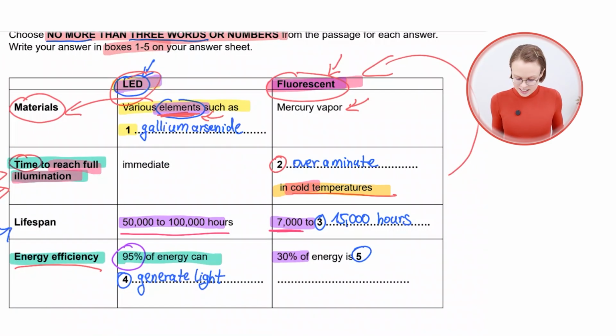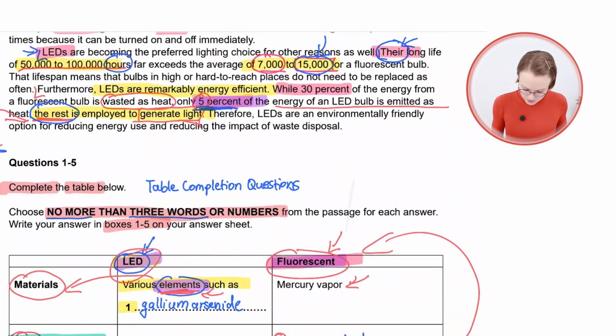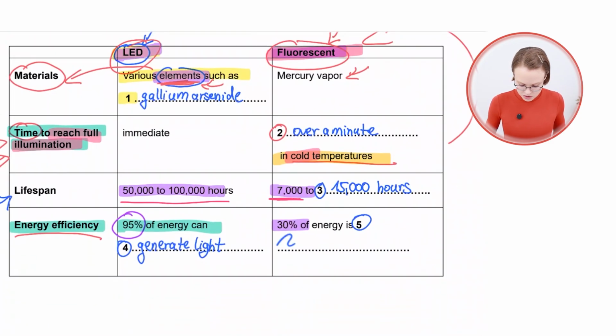They're wasted as heat. 30% of energy is wasted as heat. This is what the passage says here. So we are going to enter wasted as heat. That's it. We are done with the table completion questions.